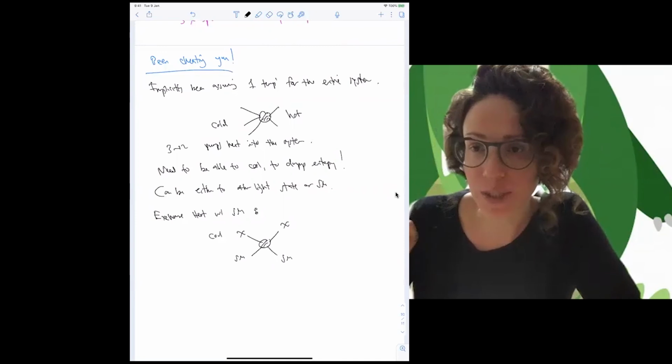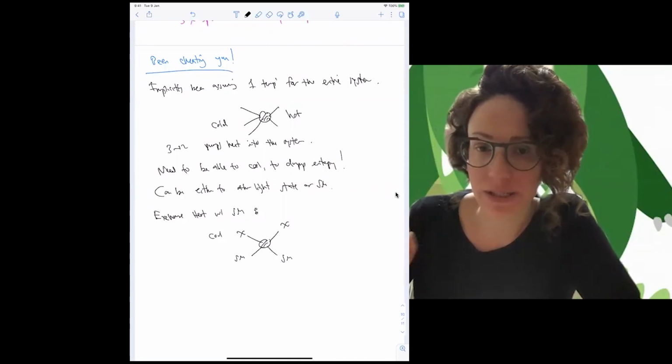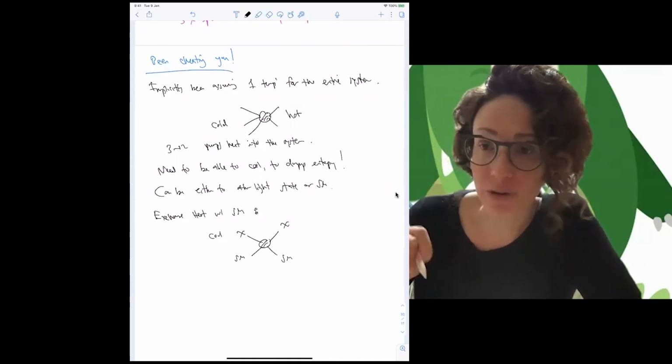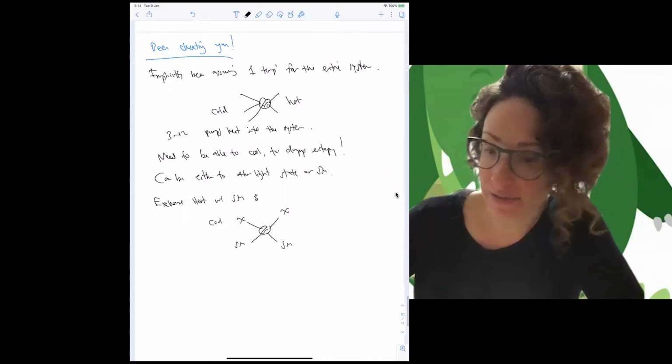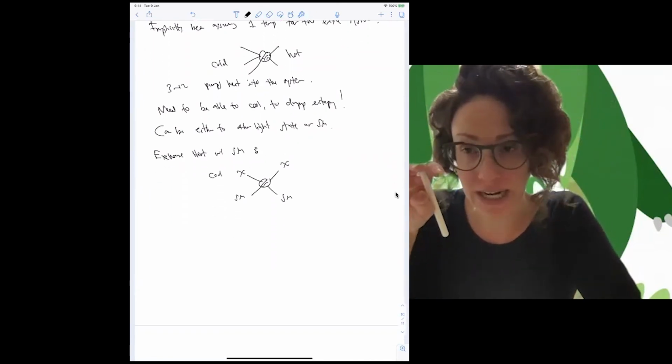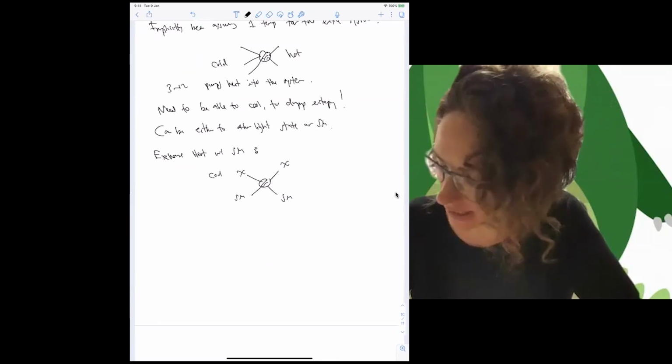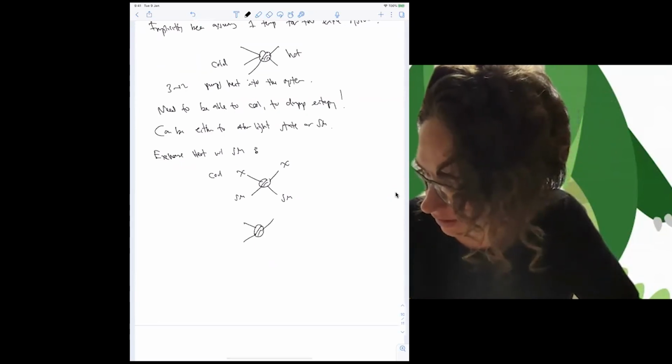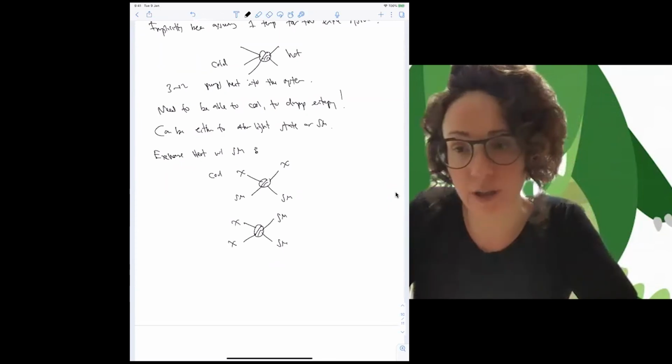But of course, if this process is active while freeze out is happening, then I have to worry what else might be active. I can take this diagram, and much like we did yesterday, rotate it on its side, and voila, I'm back to that WIMP annihilation of 2 chi's annihilating into other particles.